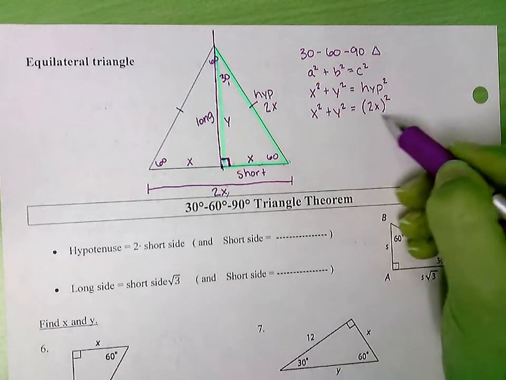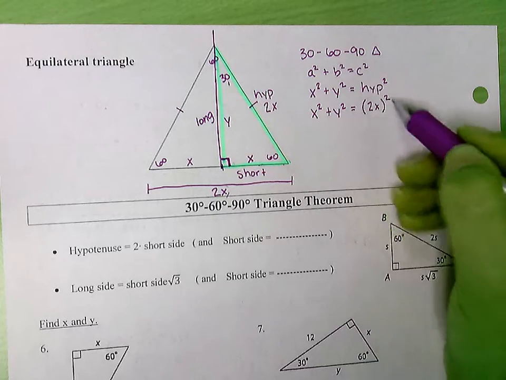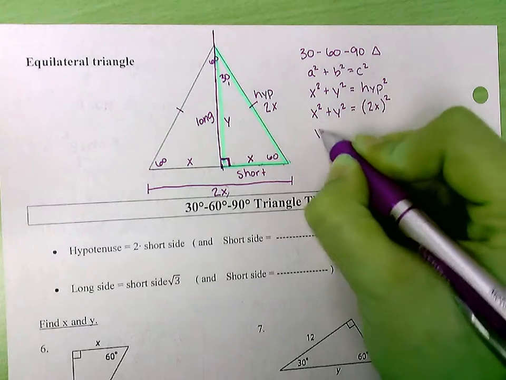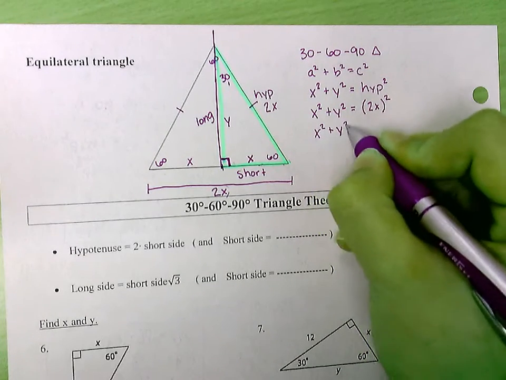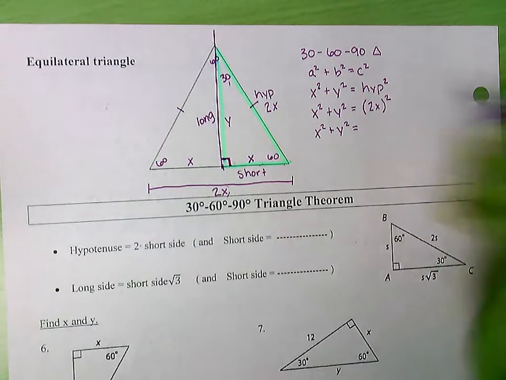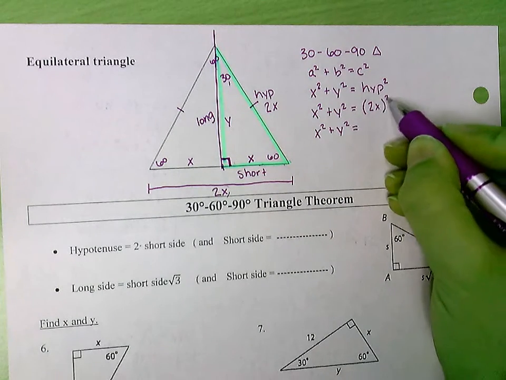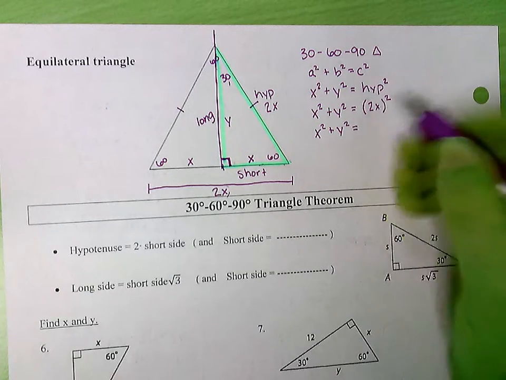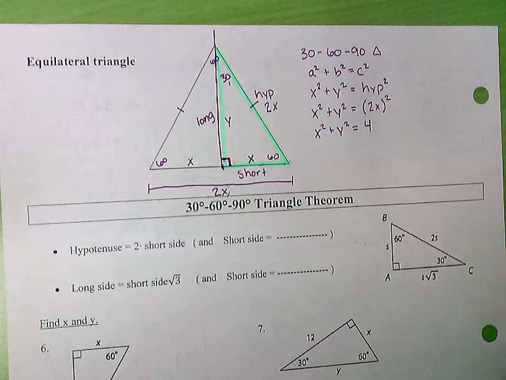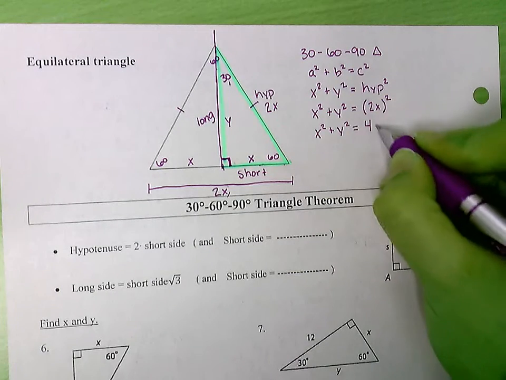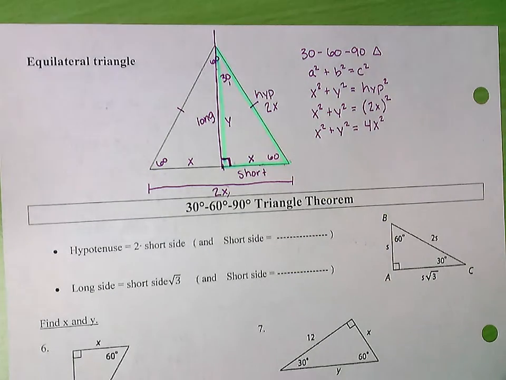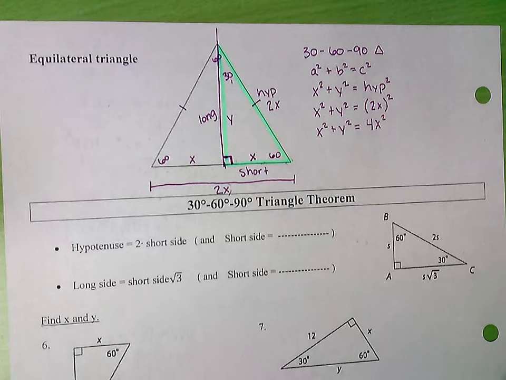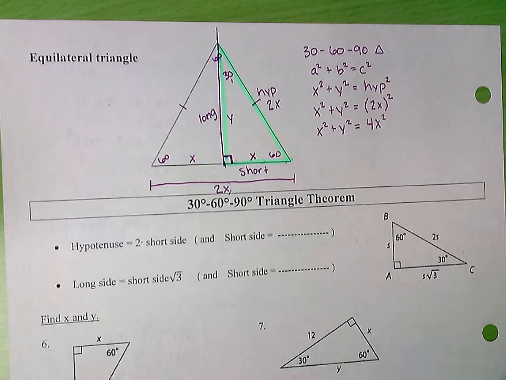Okay, I want to simplify this part right here before I do anything else. So I still have x squared plus y squared is equal to, I'm going to distribute that square to both numbers. Okay, so I have 2 squared is 4, and x squared. Okay, now I can combine like terms.